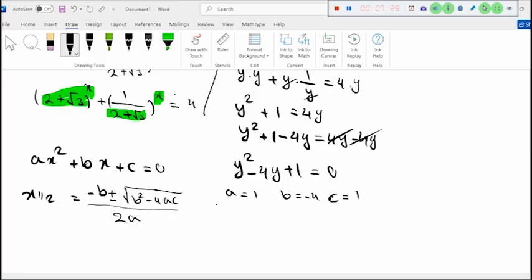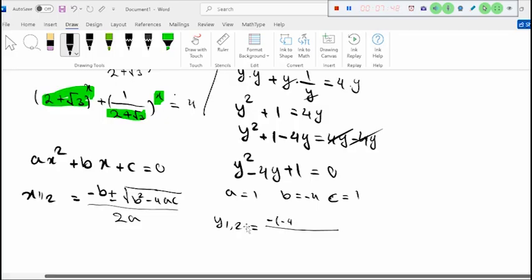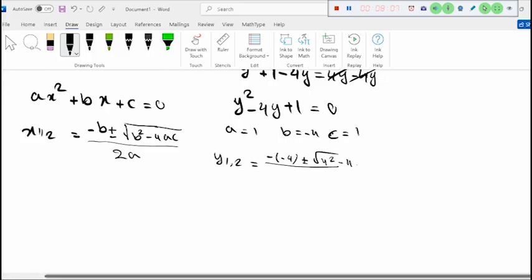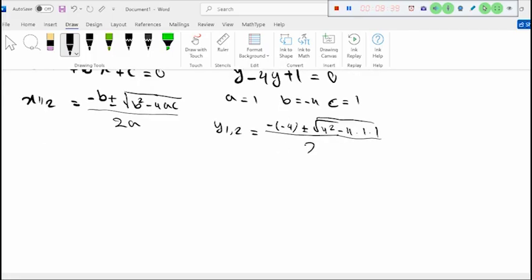So we substitute in the formula: y1,2 equals −b, and b actually has a minus sign, so −(−4) plus and minus the square root of 4² − 4 multiplied by 1 over 2, since a is 1.